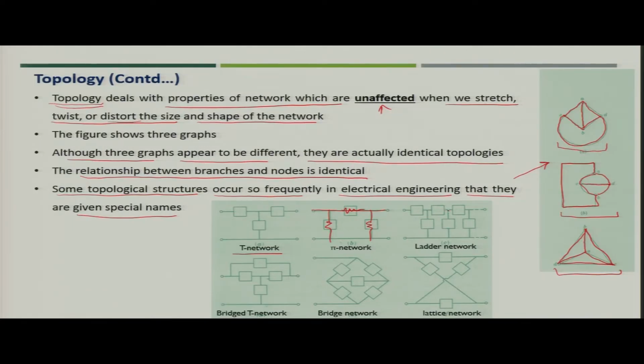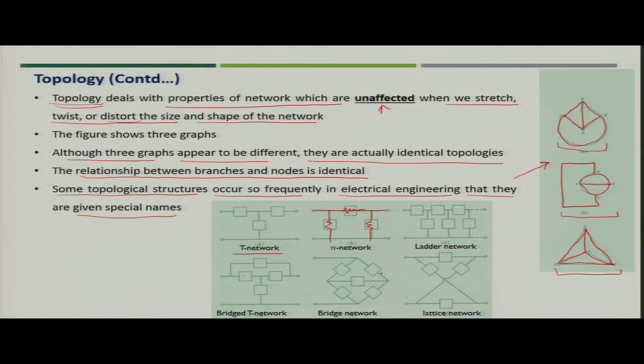If the circuit topology is like this, it is called a ladder network. When the topology is like this, where two resistances are connected in parallel with one resistor and in between you have another resistor, or maybe you can say all of them are impedances, then it is called a bridge T network.